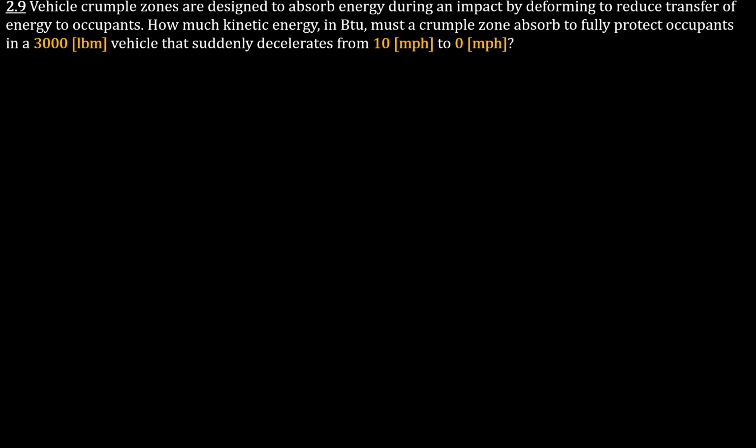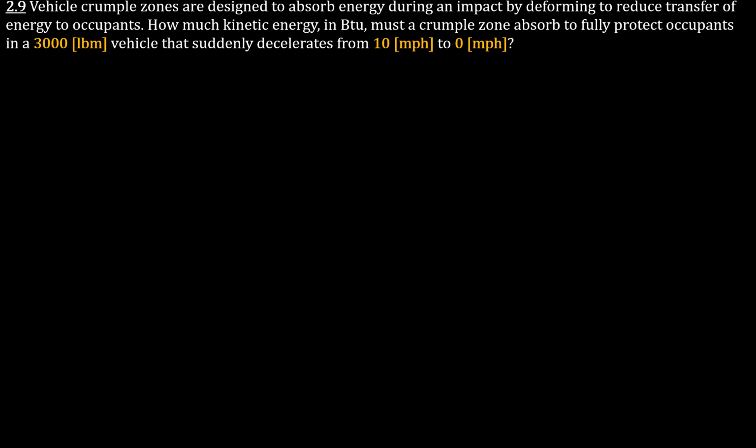All right, problem 2.9. We have a vehicle crumple zone. I don't know if you've seen this before, but you can Google this. Car manufacturers use a crumple zone to create an impact and to see how the car behaves when it impacts the crumple zone, so they can better design their cars to handle impact.